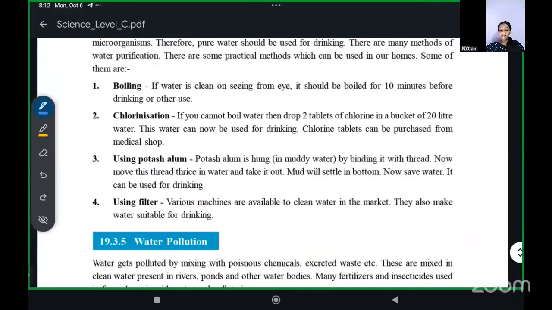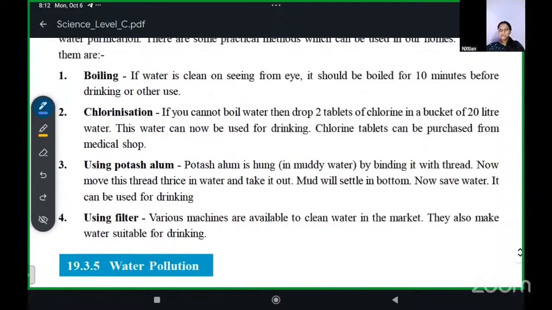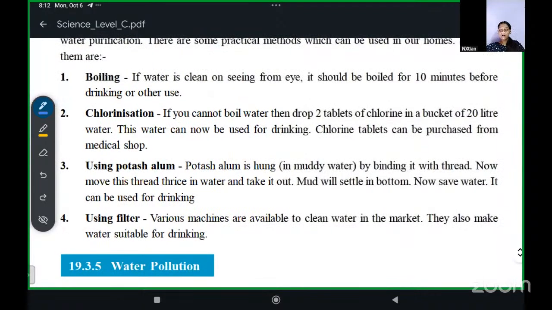There's something called a Lifestraw. It's basically a straw that has a lot of filters that allows you to directly drink from a lake.